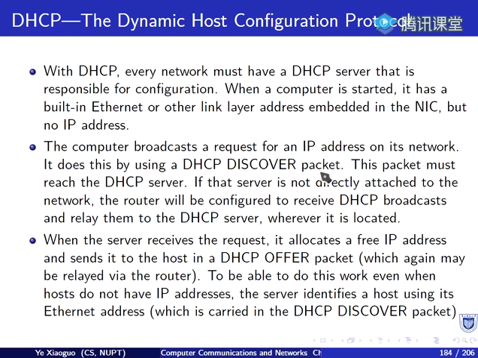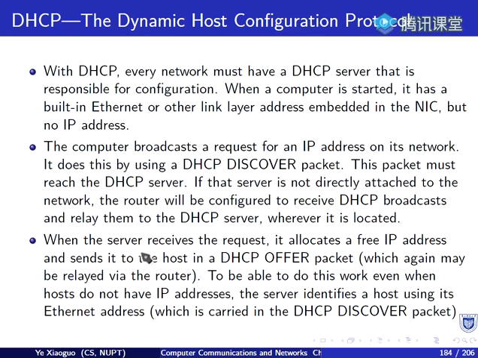The computer broadcasts a request for an IP address on its network. It does this by using a DHCP discover packet. This packet must reach the DHCP server. If that server is not directly attached to the network, the router will be configured to receive DHCP broadcasts and relay them to the DHCP server, wherever it is located.